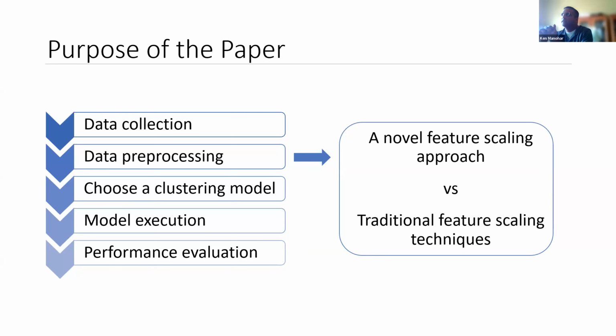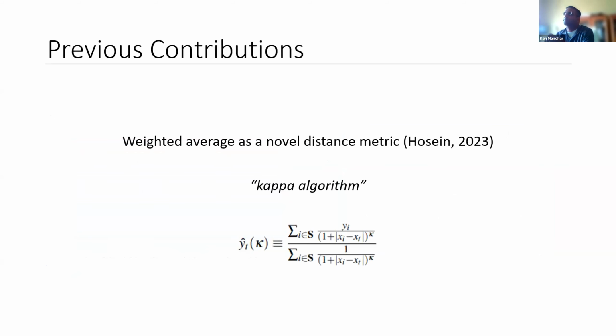We compare its performance against traditional ones like standardization and one-hot encoding. Our approach uses a robust weighted average, which is influenced by the distance between sample points in the data set. Our objective is to determine whether this approach results in more clearly defined clusters.